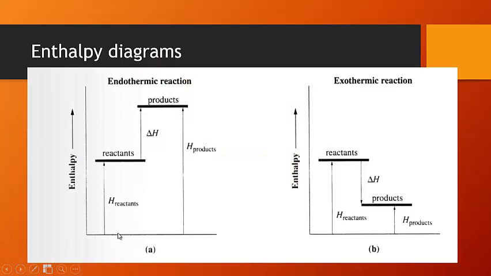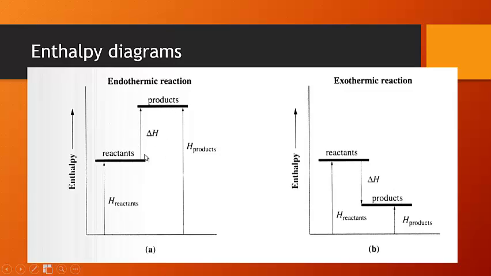Some of the enthalpy diagrams that you often use, remember the previous diagrams were looking at potential energy, and these ones are looking at enthalpy, so it's the enthalpy change of the reaction. So in this case, we often show the reactants here and the products here. The reactants are below the products, so we're going to require energy to get to the products, which means it's an endothermic reaction.